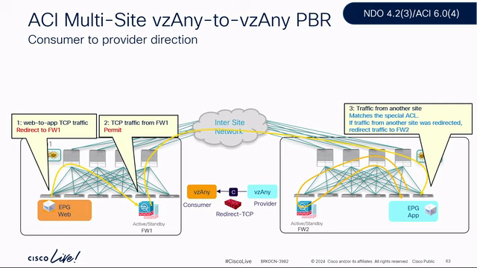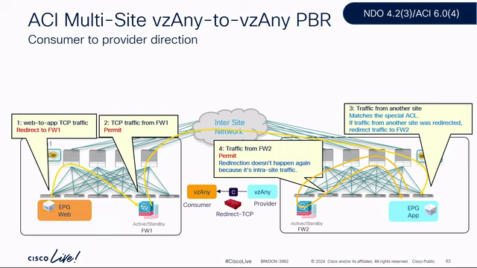The condition is if destination leaf that has VZNE, PBR rule receives the traffic from another site, and if firewall was already inserted in the source site, we redirect the traffic again to insert firewall in the destination site. So you might be wondering how it works. I will double click that in the next slide. From the local firewall to destination, we don't redirect traffic again because it's intra-site traffic.